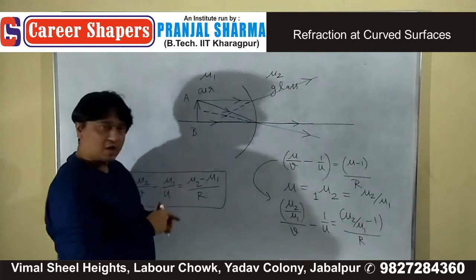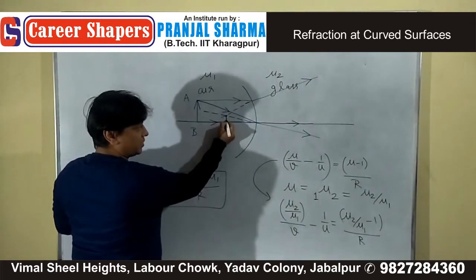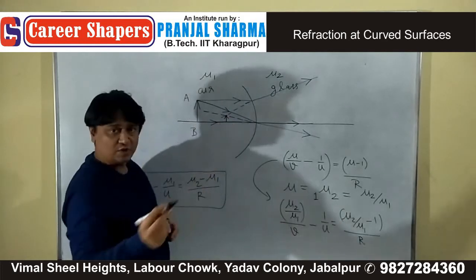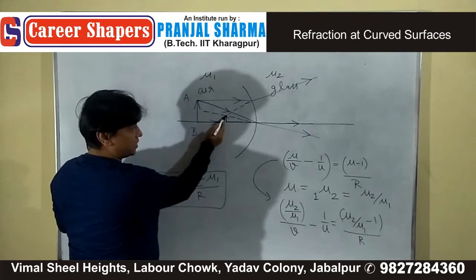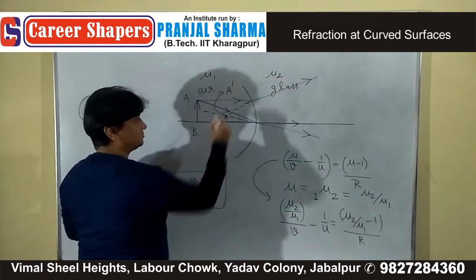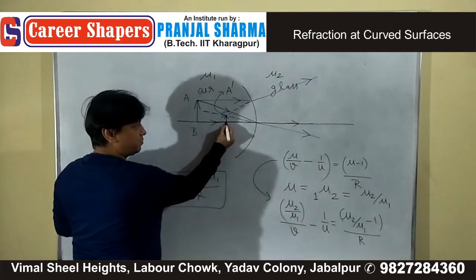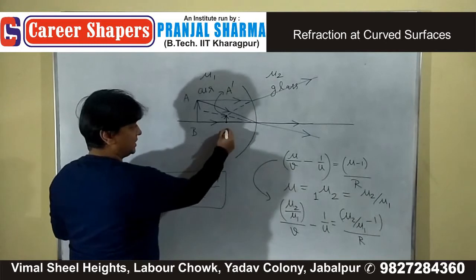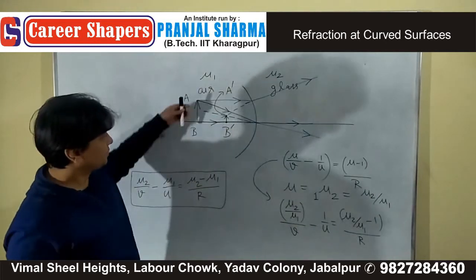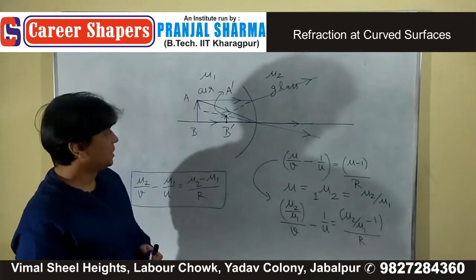If this is the point where the image of A forms, then we create an image like this, and the topmost point is A dash, the image of A, and this bottom represents B dash. So this is the object and that's your image.